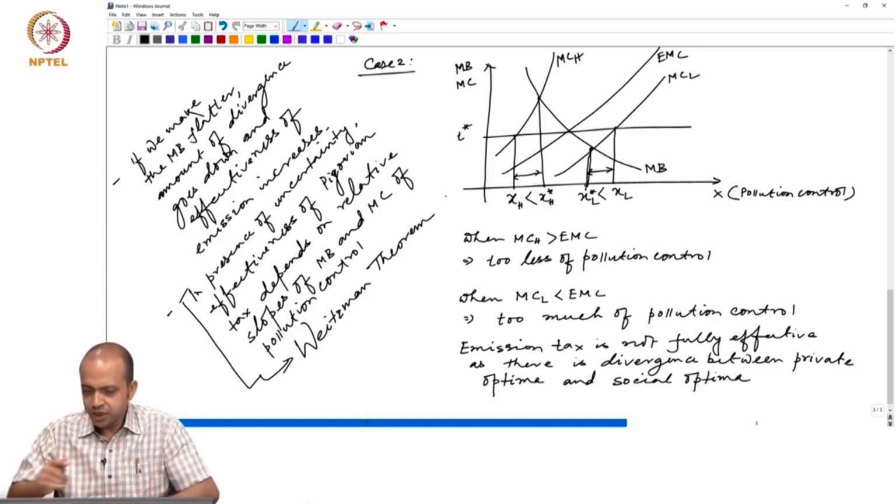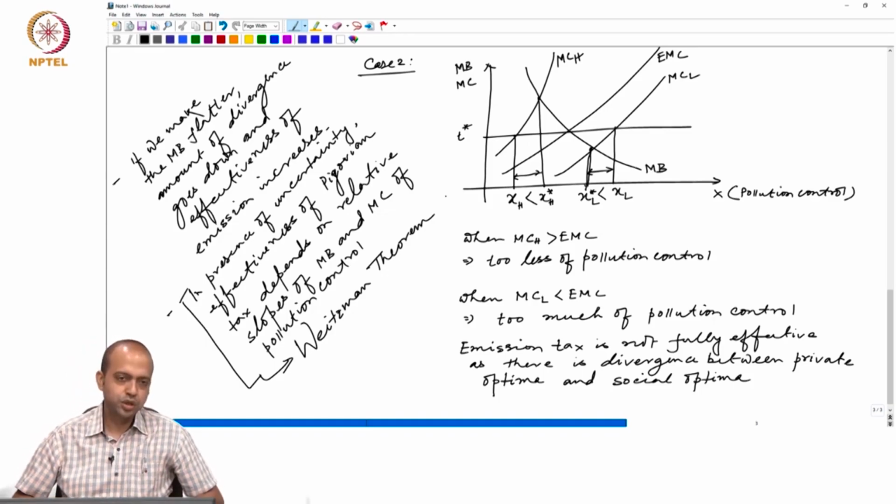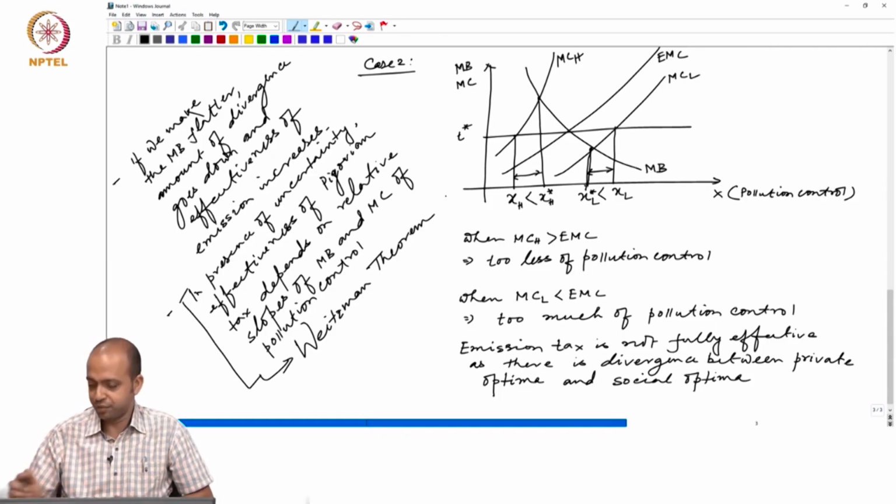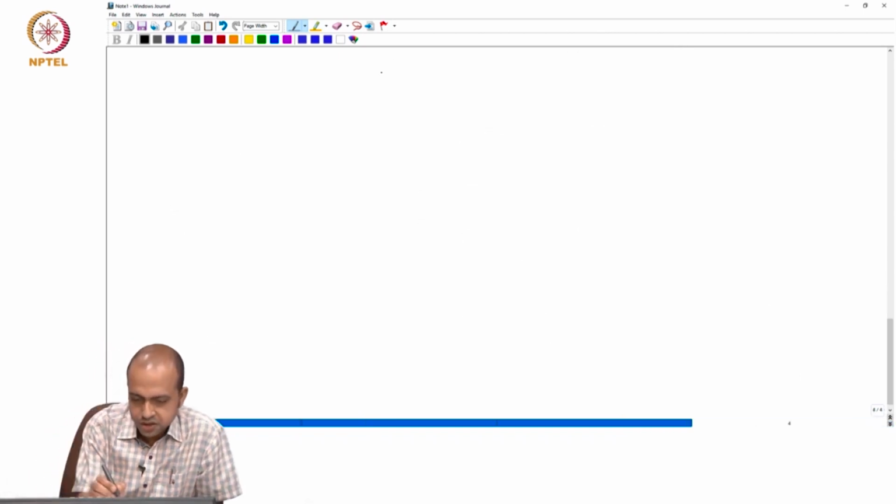right. Now, in case 3, if we assume that the regulator knows MC curve with certainty, but MB is unknown, what will happen? This is case 3.